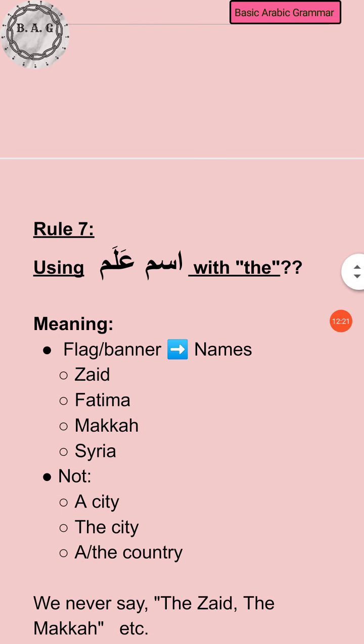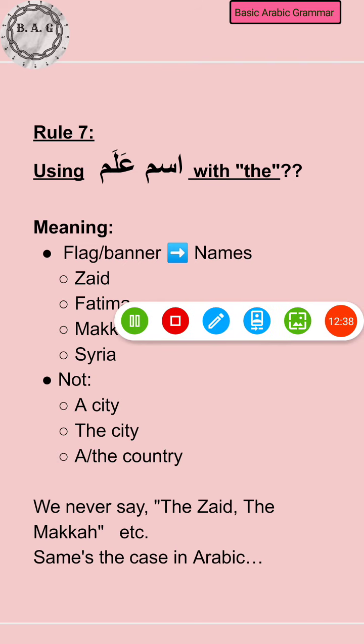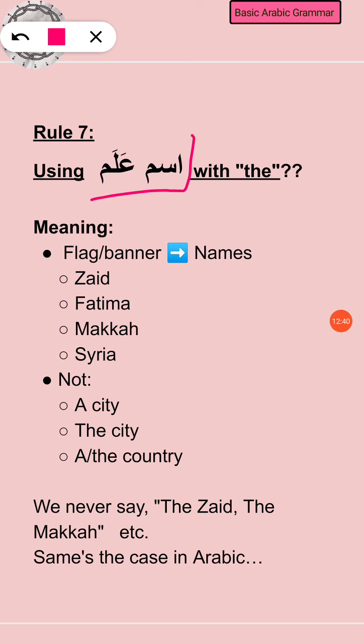Then next we have rule number 7, which says using ism alam with the. What is an ism alam?